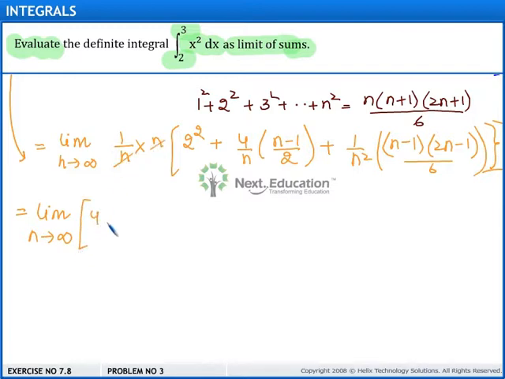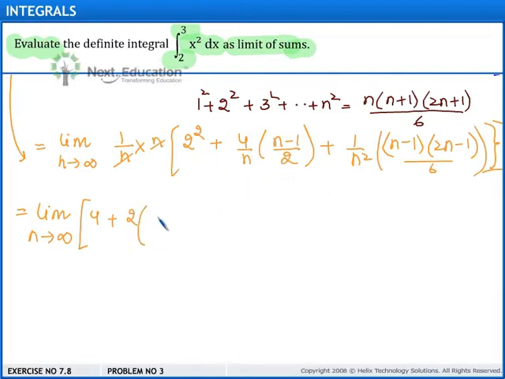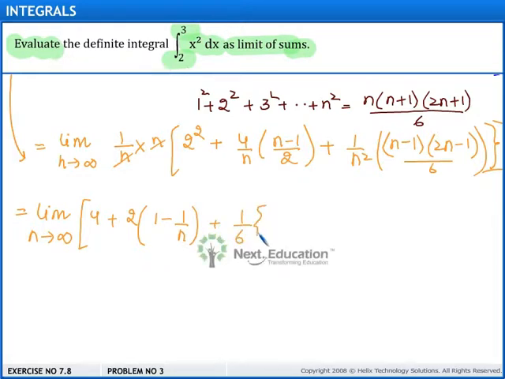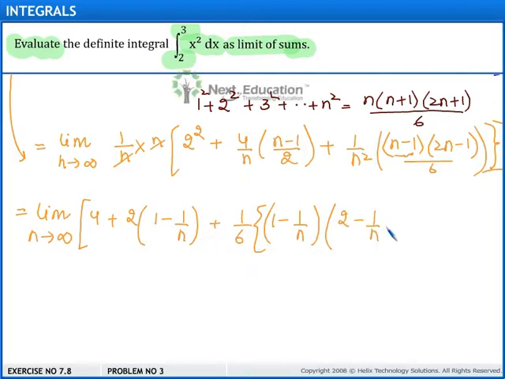Inside we have 4 plus 4 upon 2 is 2, and inside we have (1 minus 1 upon n) plus 1 upon 6, taking 1 upon n square inside. So we have (n minus 1) upon n, taking 1 n with the first bracket, we have (1 minus 1 upon n) into, taking the second n here, we have (2 minus 1 upon n).